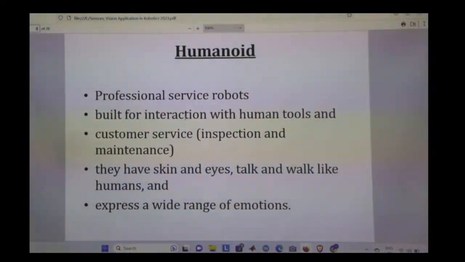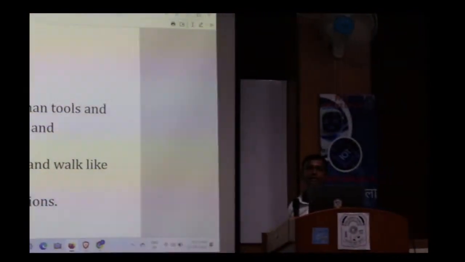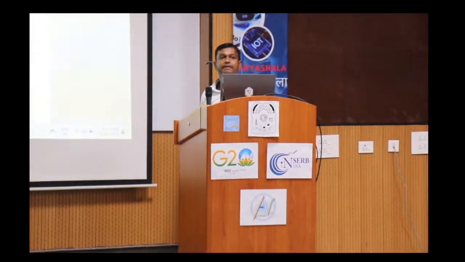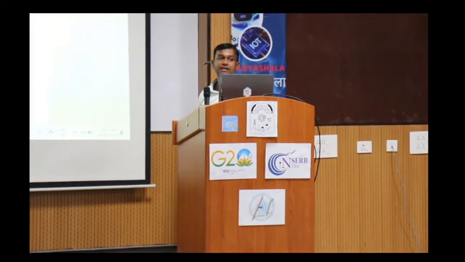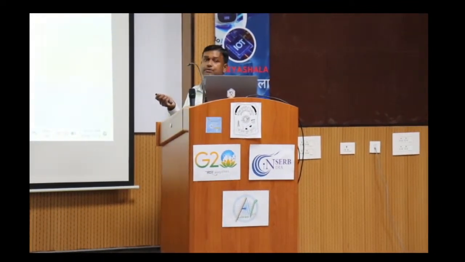They are professional service robots. See, earlier we were making robots for just doing research or using them in industry. But now robots are being used to work as human beings in industry. They work as professionals in the industry. So humanoids basically are professional service robots.